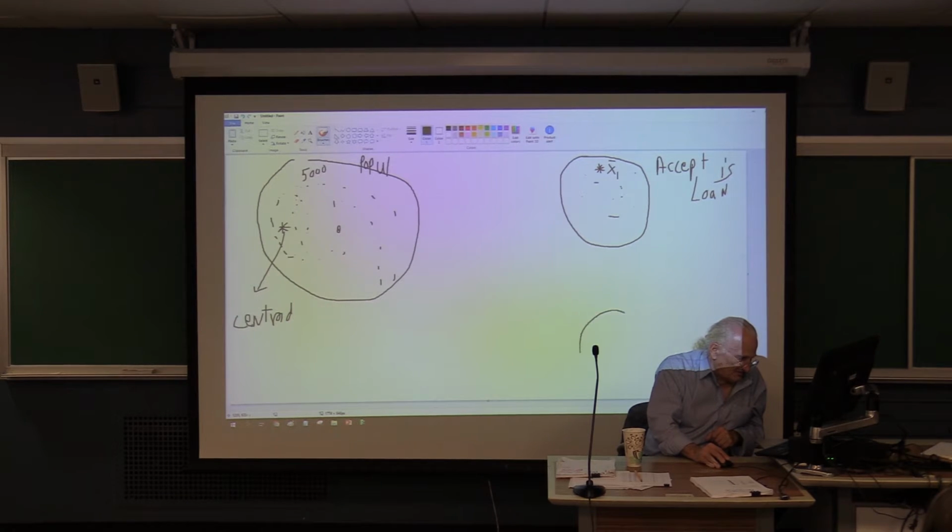Then you have the other class, no accept, so these are the zeros, not accept the loan, and these are your observations, and this is your centroid right there. This is x0, sorry.